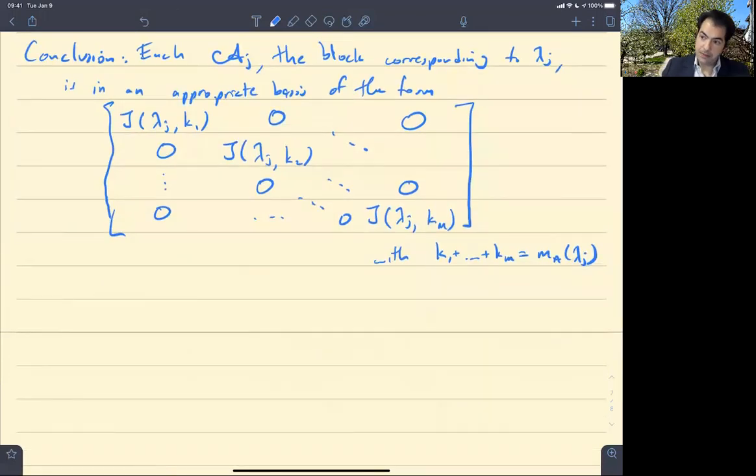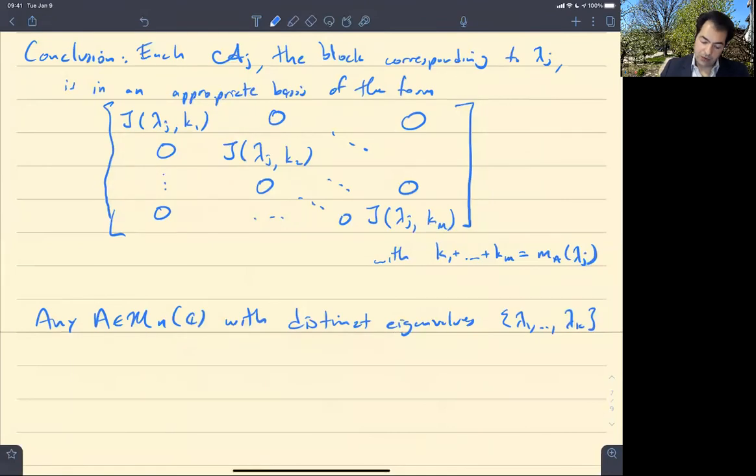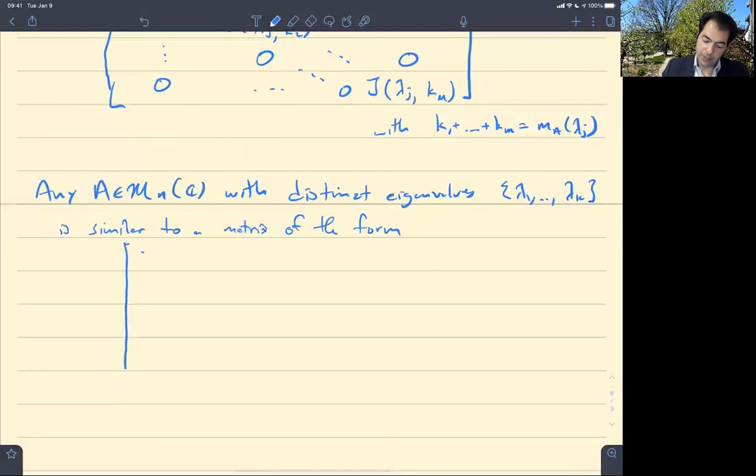So any n by n matrix with distinct eigenvalues lambda 1 through lambda k is similar to a matrix of the form just like this, but now you'd have some Jordan block corresponding to lambda 1, possibly another Jordan block also corresponding to lambda 1, and so on until you'd end up with Jordan blocks corresponding to the kth eigenvalue.